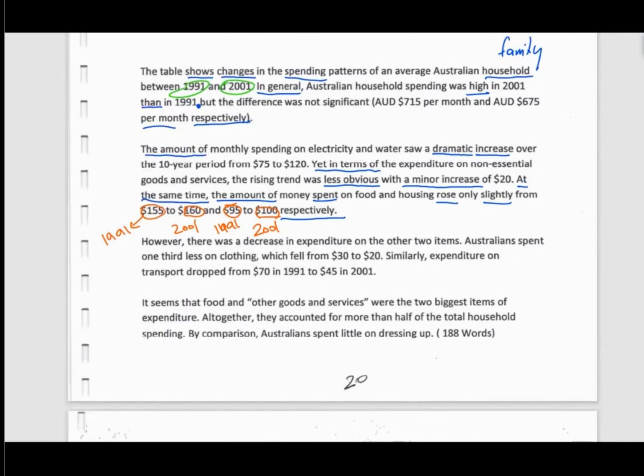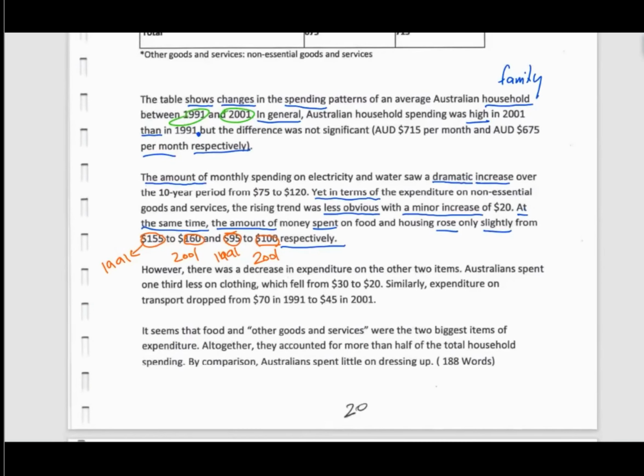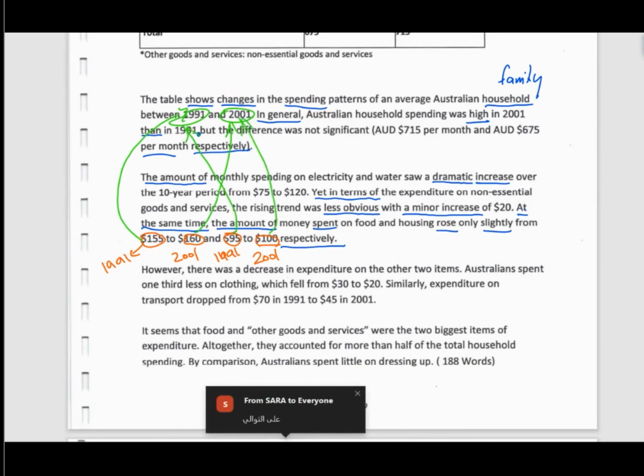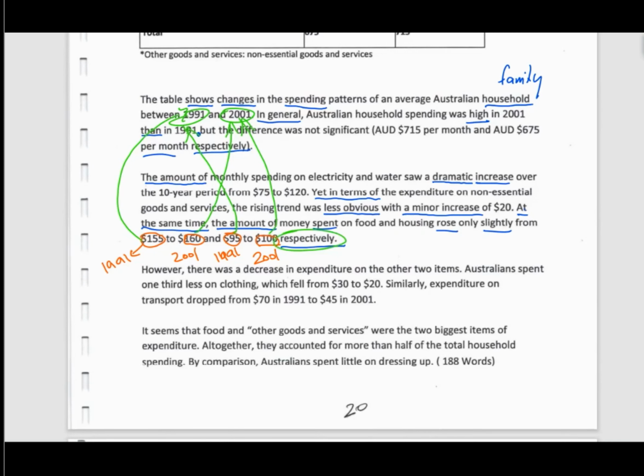So the reader will understand that the first number refers to the first year, the second number refers to the second year. First year, second year, respectively, على التوالي, بشكل متتالي. So no need to repeat the years again in every sentence. You just use respectively at the end of the sentence, and the reader will understand your meaning.